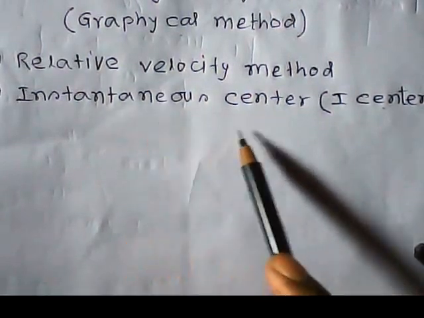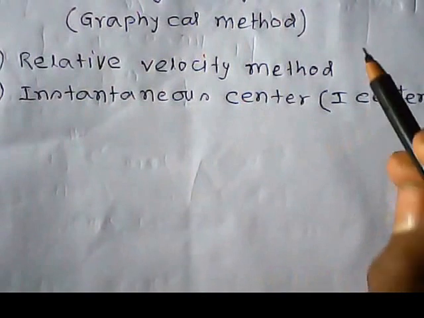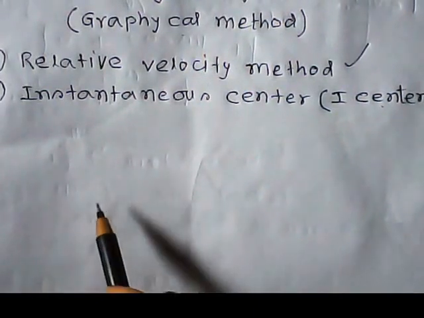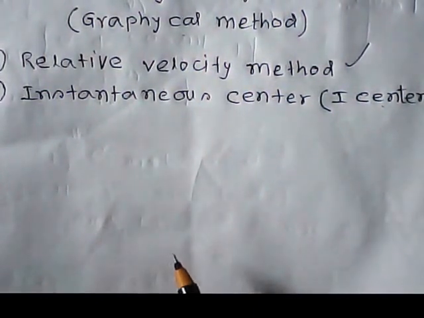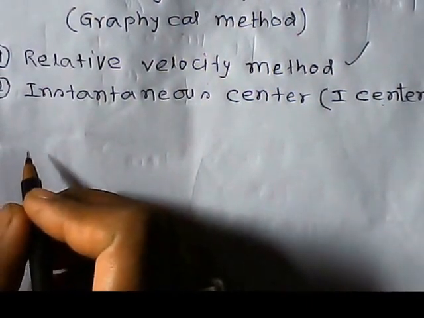One is relative velocity method, another is instantaneous center method, to determine the velocity of a mechanism. So first, today our lecture is limited to relative velocity method. Then I discuss instantaneous center method.